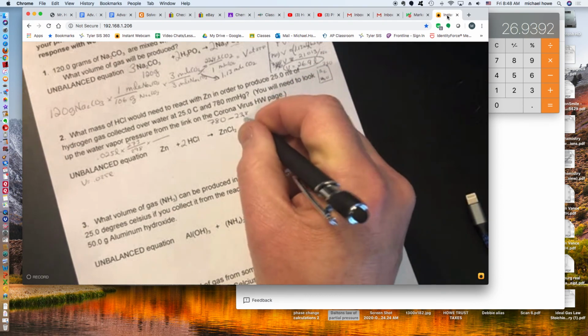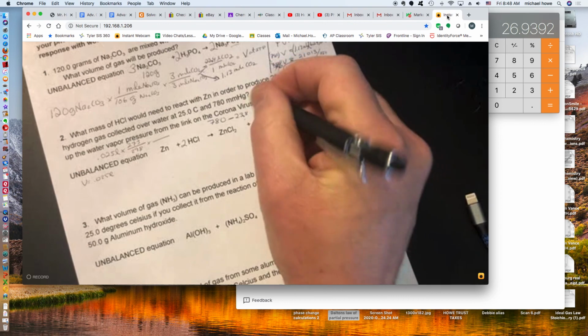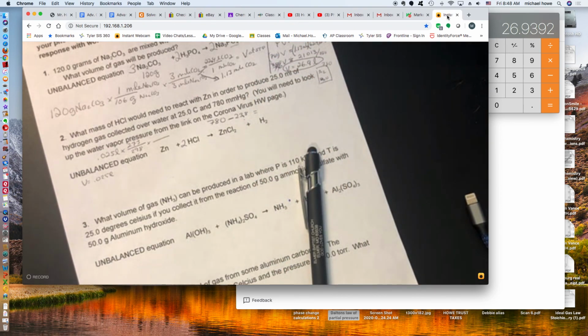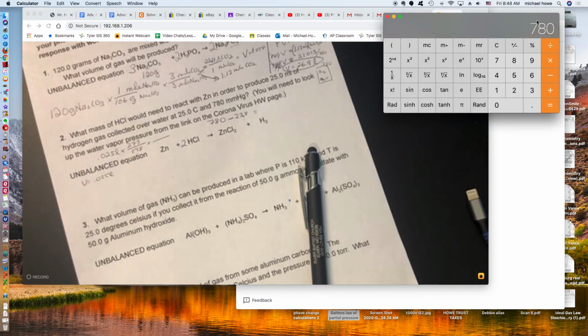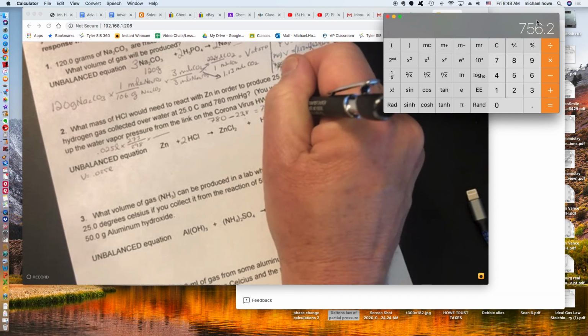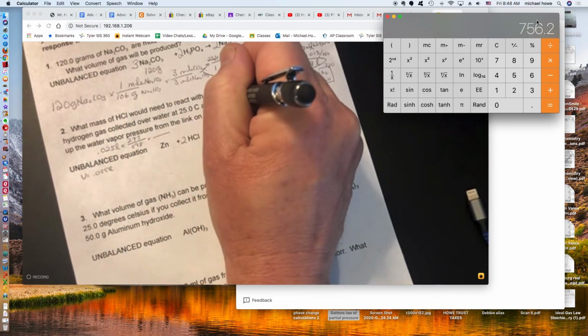Well, the 23.8 is how much of that pressure is due to water vapor. So if you subtract them, you get the hydrogen pressure. So 780 minus 23.8 is 756.2. So now this number is not 780 anymore, it's 756.2.